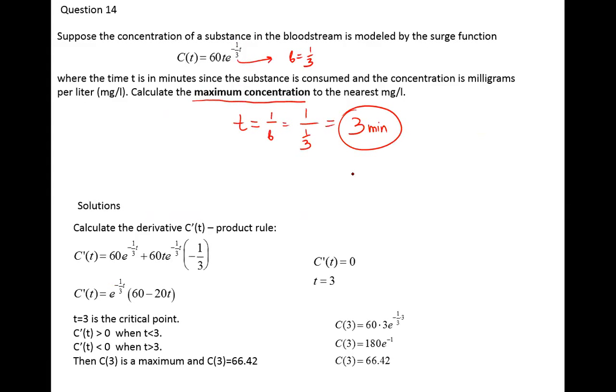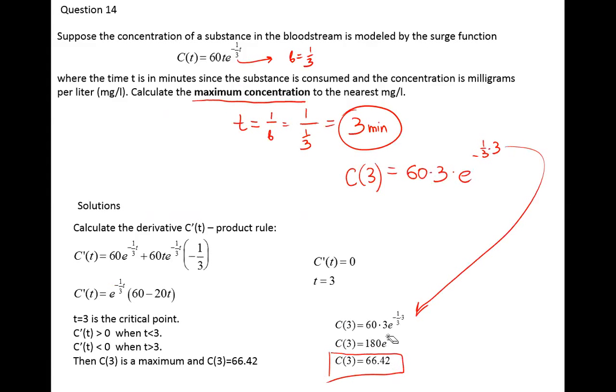And we simply have to take the concentration function and substitute 3. 60 times 3 times e to the power of 1/3 times 3. That's what I did here, and using a calculator, we're getting 66.42.